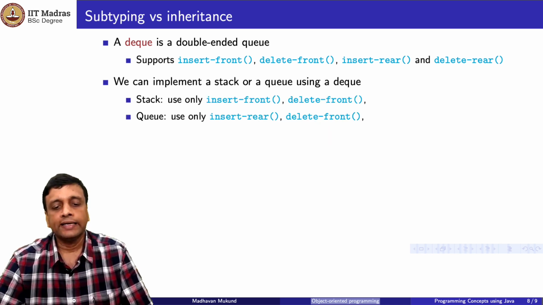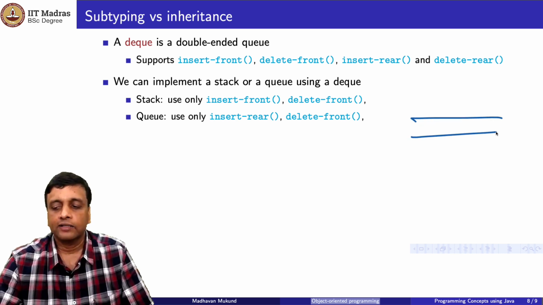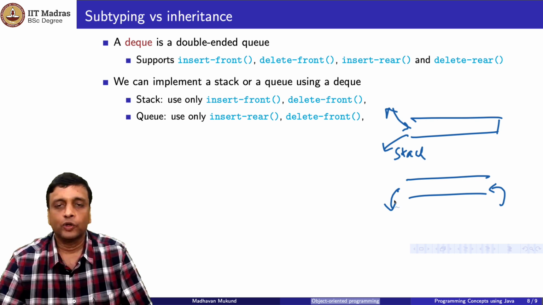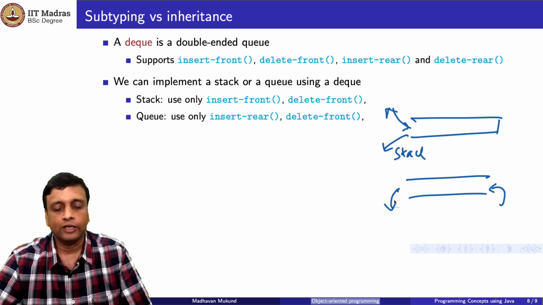Now using this, I can easily implement a stack or a queue. Remember that a stack in this terminology would always operate only at the front, at the top. So this is a stack. And a queue, on the other hand, would insert at the rear and delete from the front. You join at the end of the queue and you leave at the beginning of the queue.